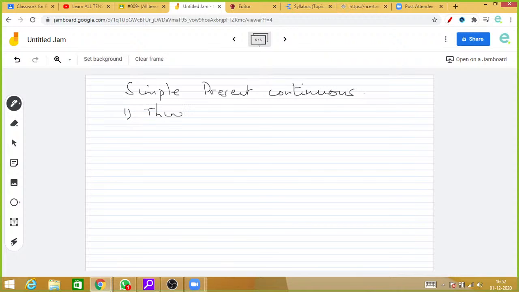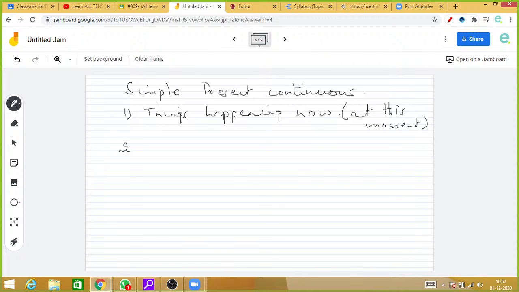Things happening now, at this moment, or in brackets I can write at this moment. So that is the first.